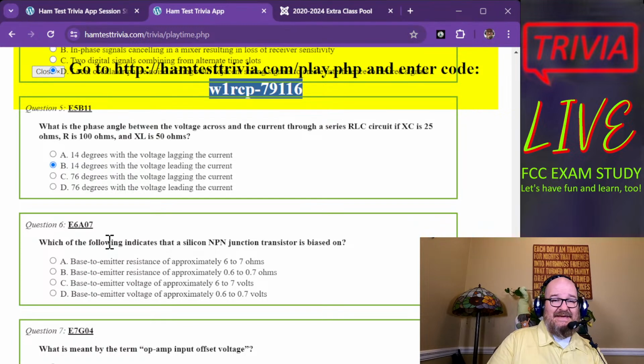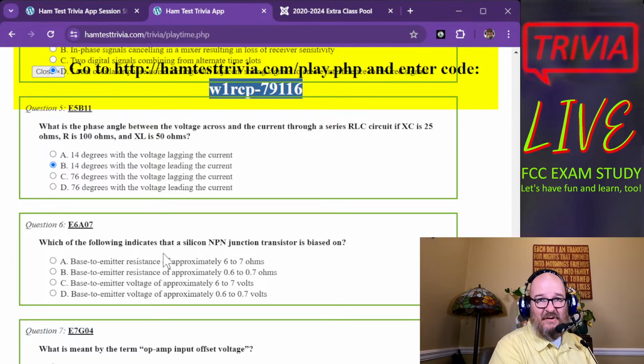Which of the following indicates that a silicon NPN junction transistor is biased on? Okay, if it is, which of the... you guys are killing me with the comments tonight. Okay, if a NPN junction transistor is biased, you're dealing with voltage.